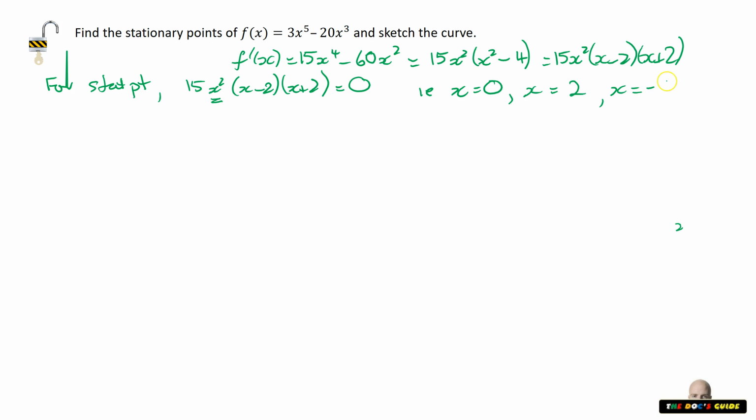So now let's investigate these. I've just started to set these tables up, so let's look at 0 first of all, and we'll look at 1 and minus 1 either side of that. So when I put a 1 into this expression here, I'll have a positive, a negative here and a positive there.